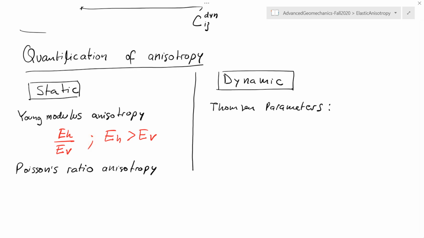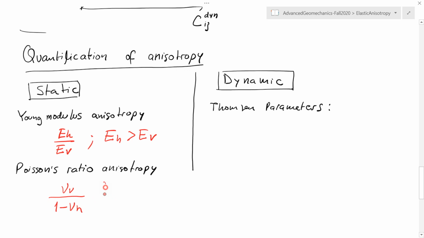And for the Poisson ratio, what is most meaningful is to measure the ratio of the vertical Poisson ratio divided by 1 minus the horizontal Poisson ratio. You may wonder why we do this.